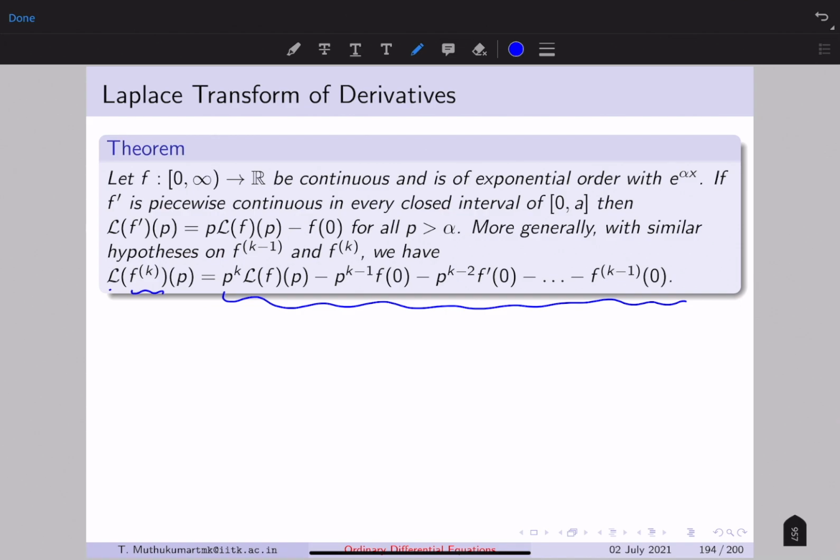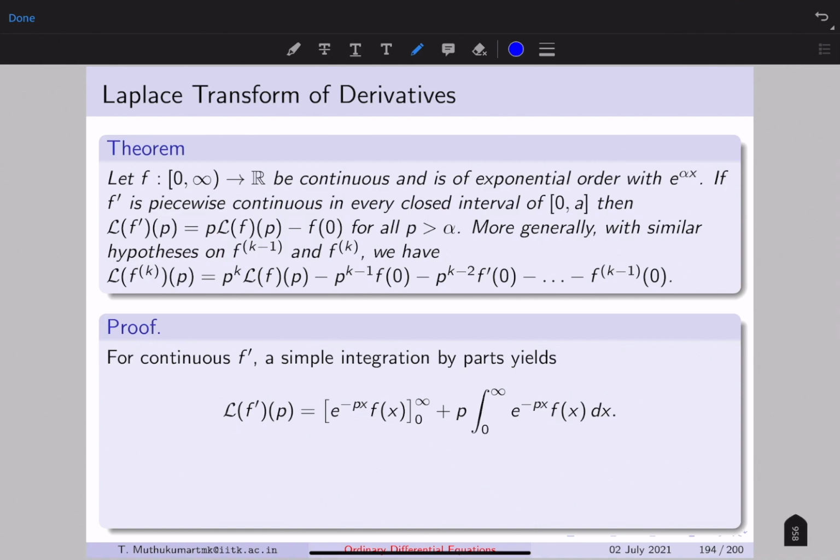So what is the proof of this result? Since we have said piecewise continuous, you can always write the integral as a finite number of integrals where on each piece the function is continuous. So it's enough to show this for continuous f prime.